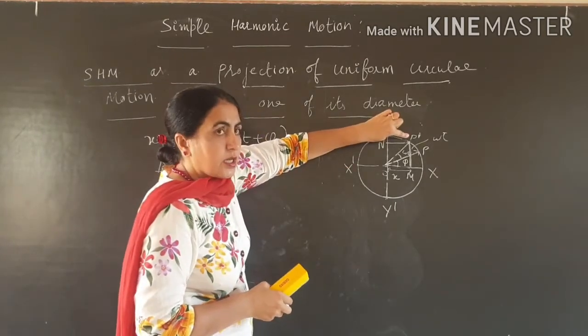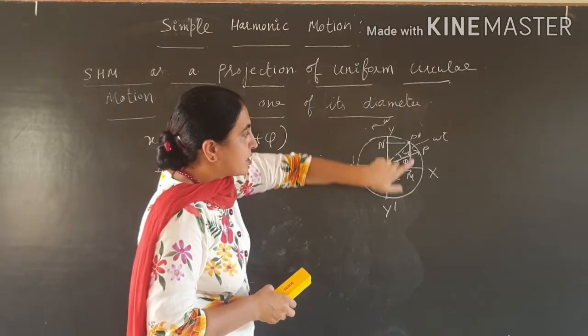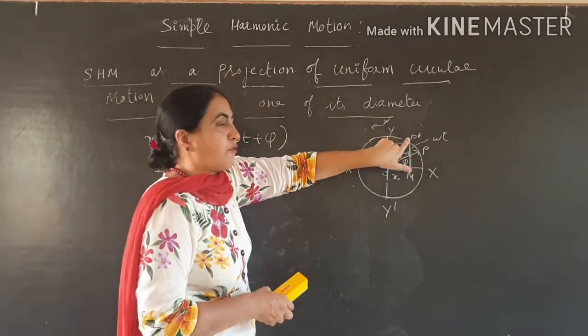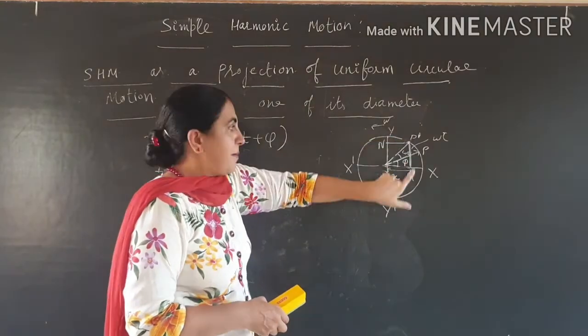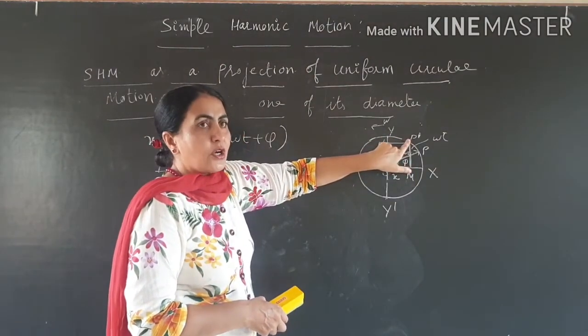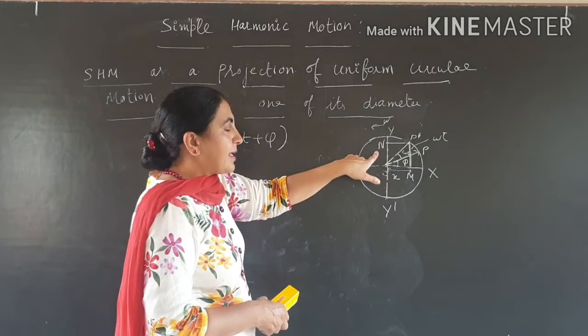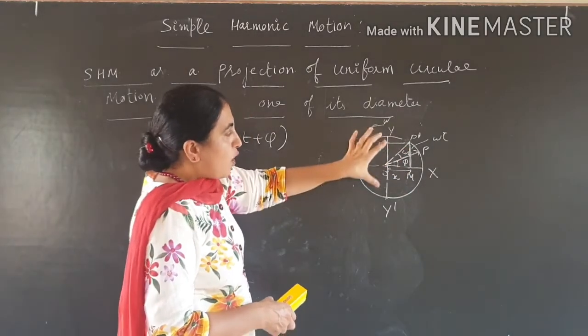Similarly, when you take the triangle ONP dash, because here P dash is a point whose projection is M. M is the projection of P dash on the x-axis. Similarly, N is the projection of P dash on the y-axis.